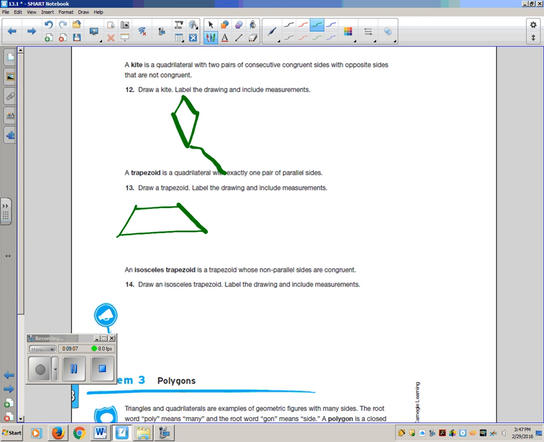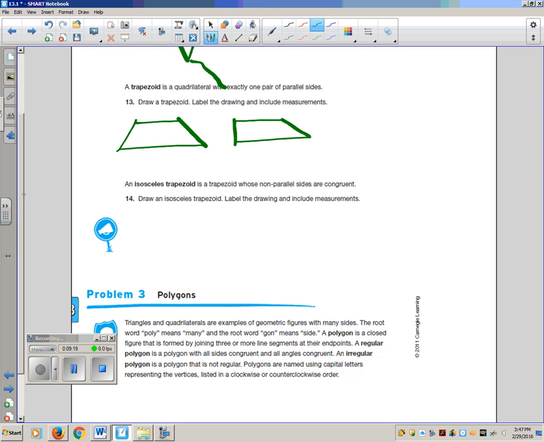That's a trapezoid. This is also a trapezoid. Even though it looks different, that's a trapezoid. 1 pair of parallel sides. An isosceles trapezoid is where the sides are the same. Isosceles means 2.